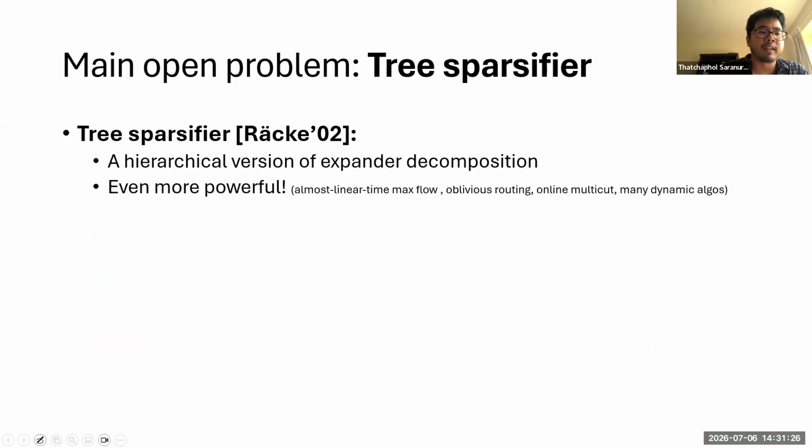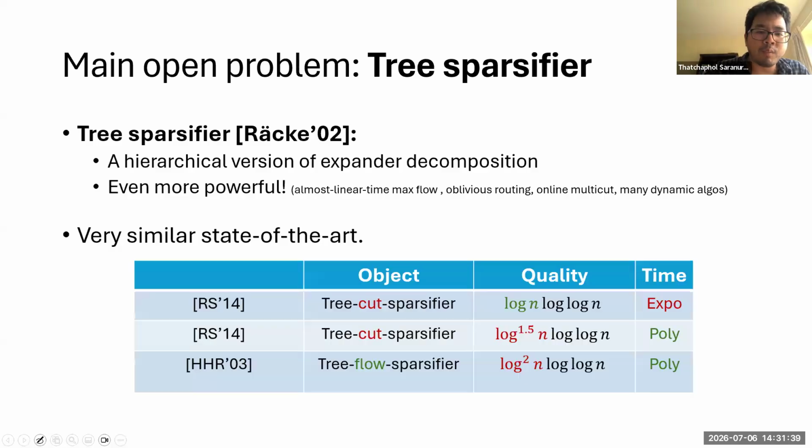Is tree sparsifier by Räcke, which can be viewed as a hierarchical version of expander decomposition, which is even more powerful. It has a very similar state of the art, where with exponential time, you get a near optimal bound of log n. And for polynomial time, for cut version and flow version, we get something worse by square root log or log factor.